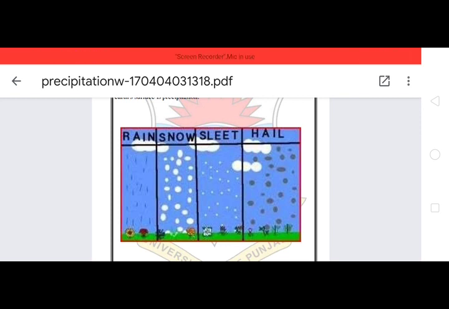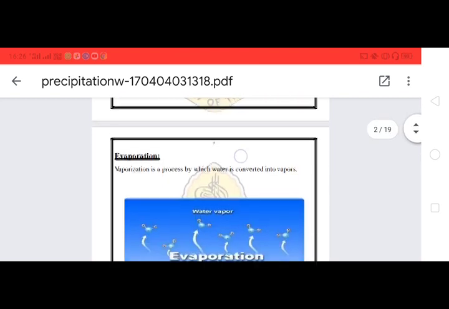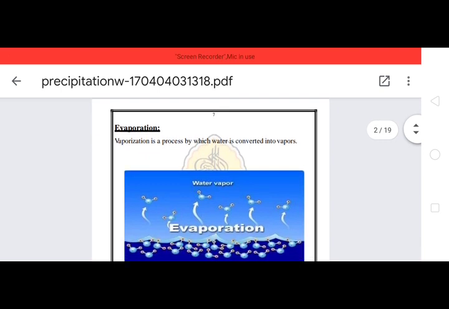The size we will discuss in the next slide. But as you can see, the difference in diameter of water droplets is very much visible from this picture.